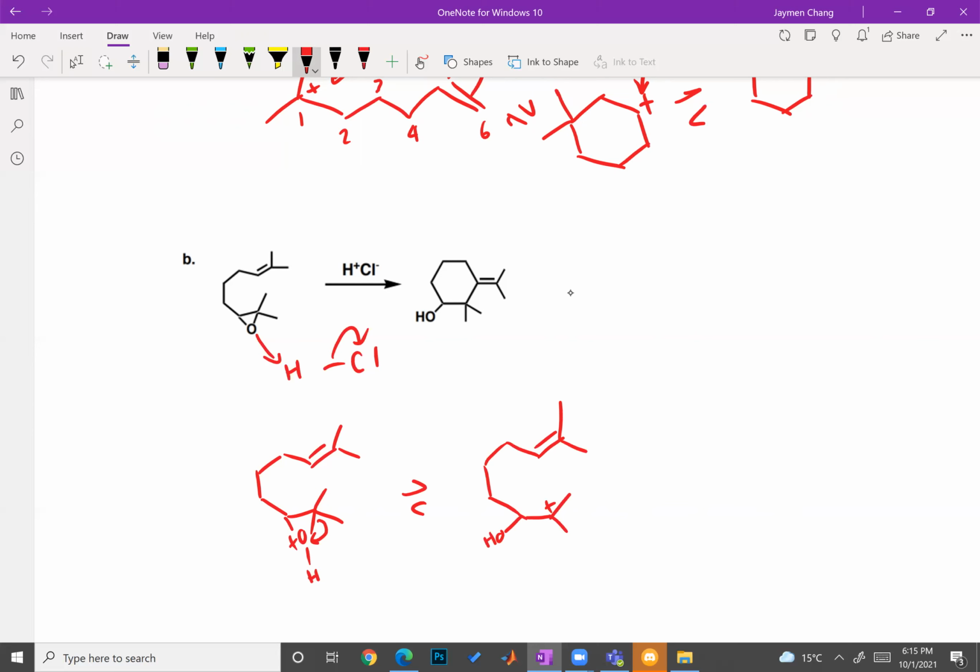And whenever you have a tertiary carbocation, we can form an alkene attack. Once we draw that, we're going to get a 6-membered ring, and we should have something that looks like this.